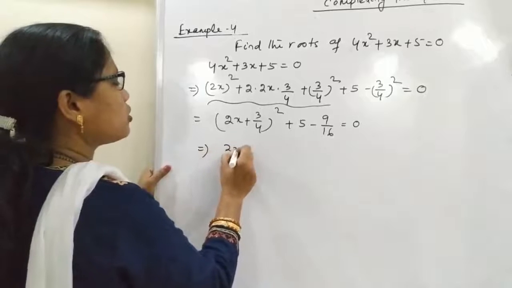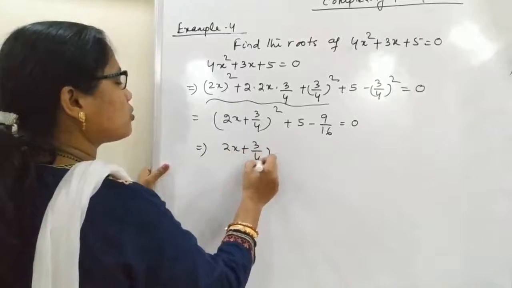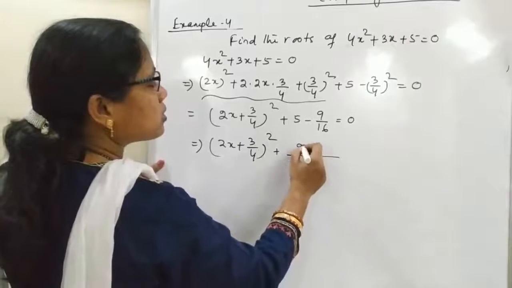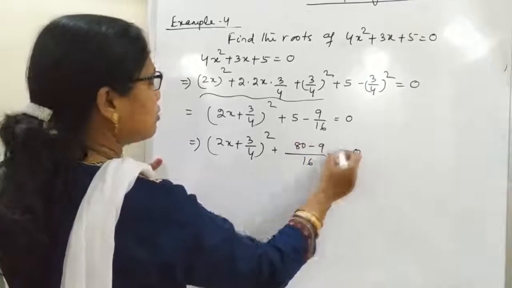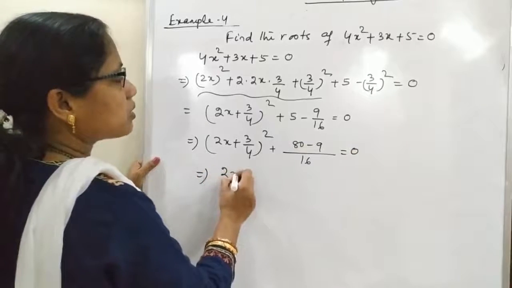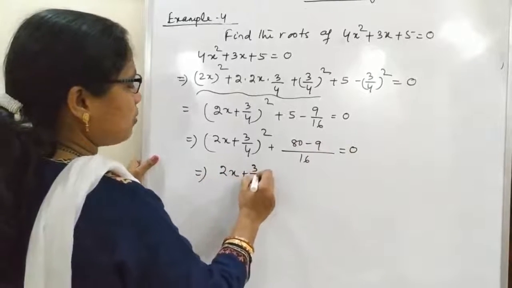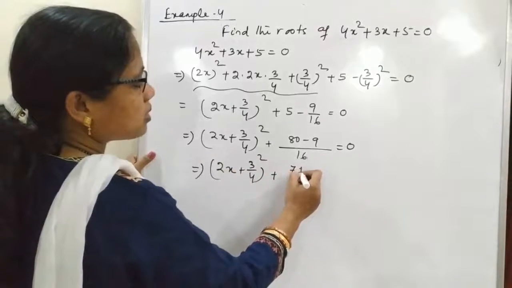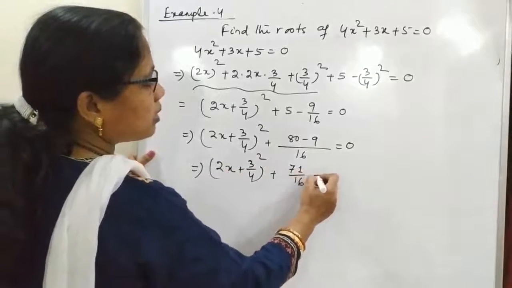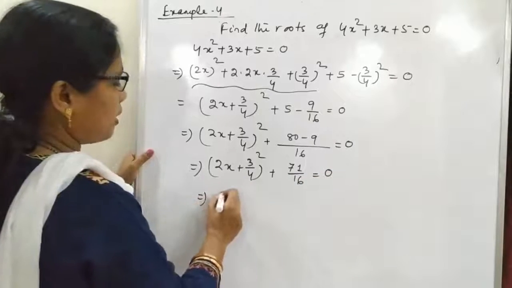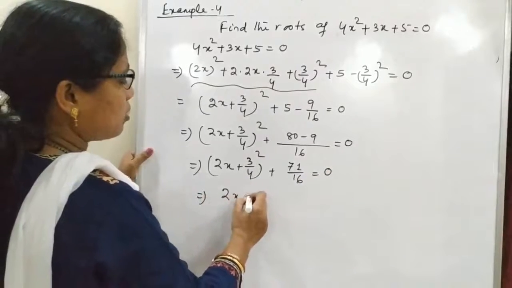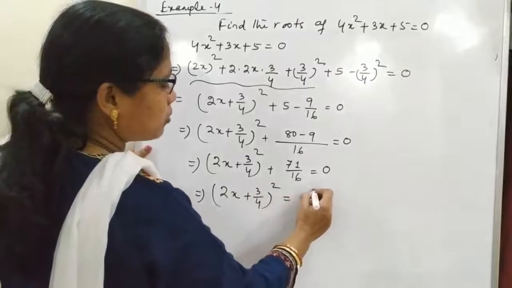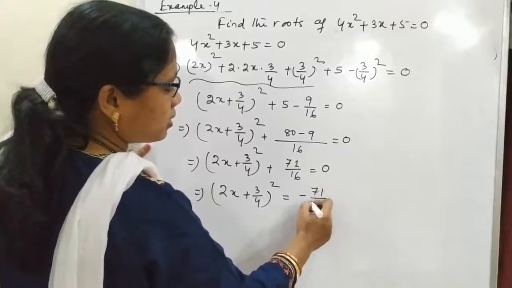So this implies 2x plus 3 by 4 whole square plus, this becomes 16, so this is 80 minus 9, which is 71 by 16, is equal to 0. So this implies 2x plus 3 by 4 whole square is equal to minus 71 by 16.